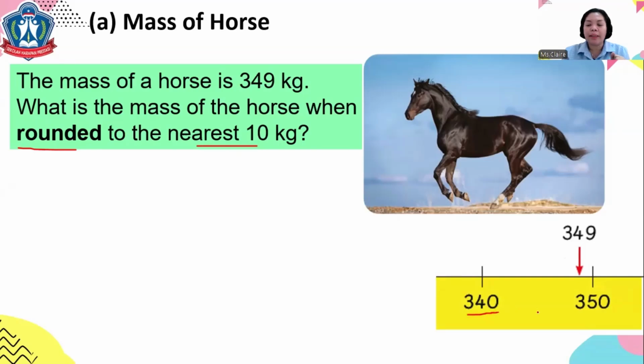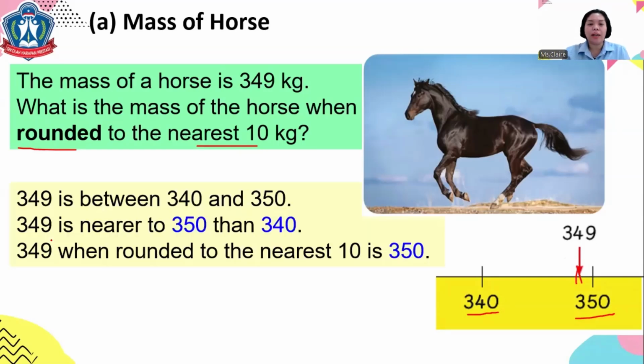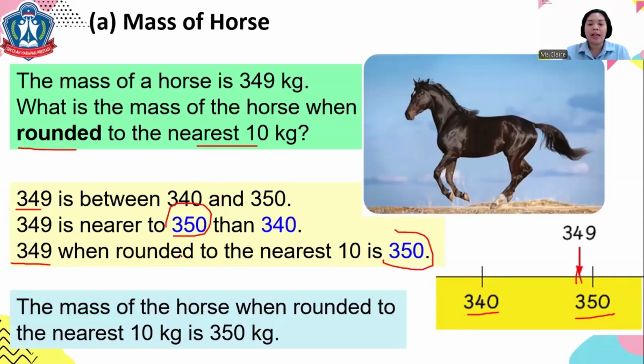So we have 340 and 350. 349 is around here on our number line. It's very clear that 349 is closer to 350. So 349 is between 340 and 350, and it is nearer to 350. Therefore, when we round 349 to the nearest 10, the answer is 350. The mass of this horse rounded to the nearest 10 is 350 kilograms.